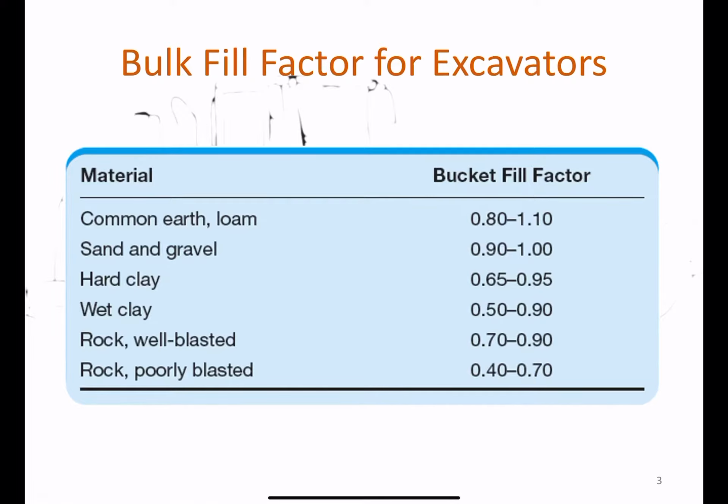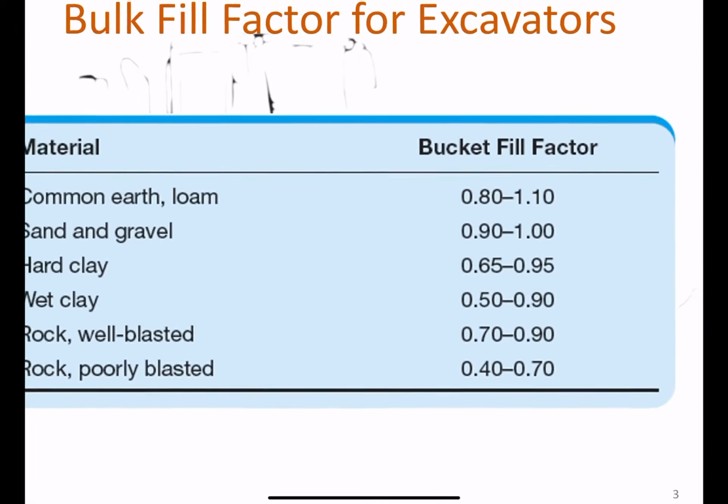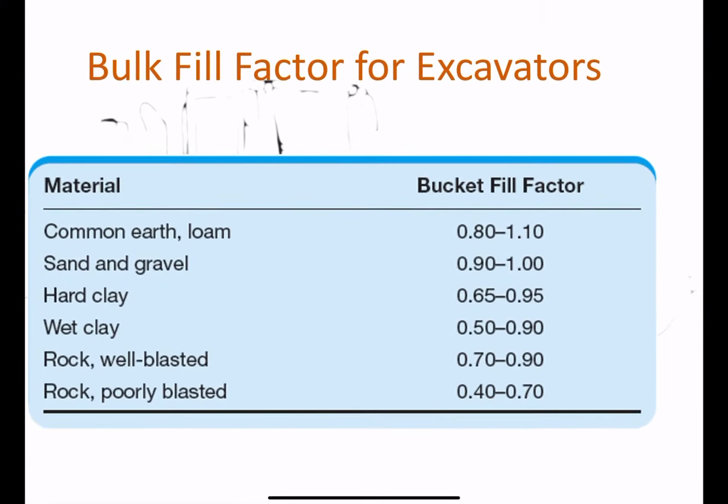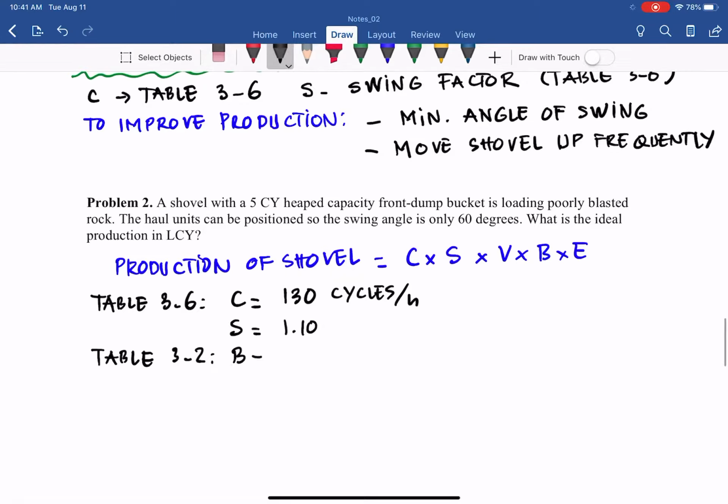I'll take something in the middle. Let's say the last row here, 0.55. So B equals 0.55.